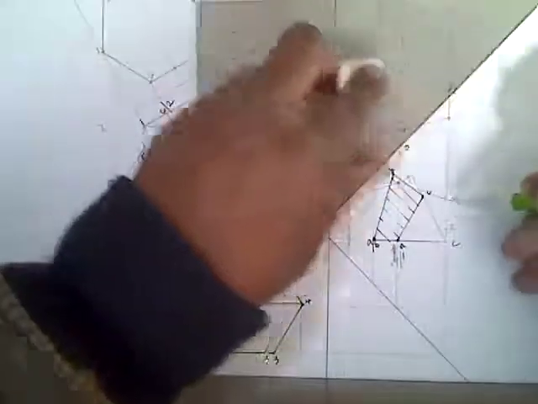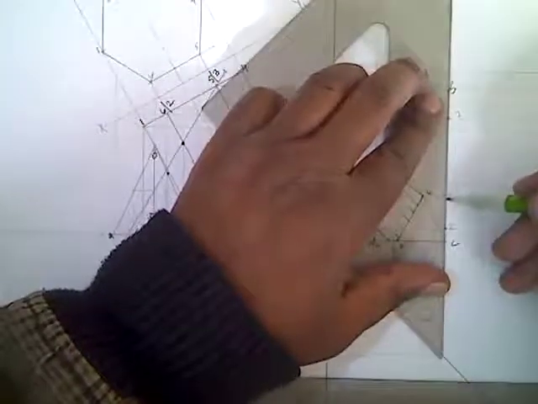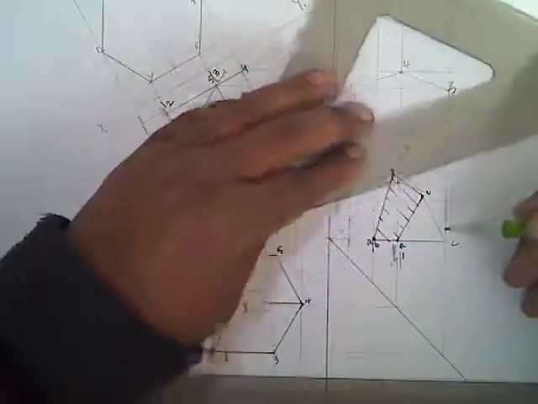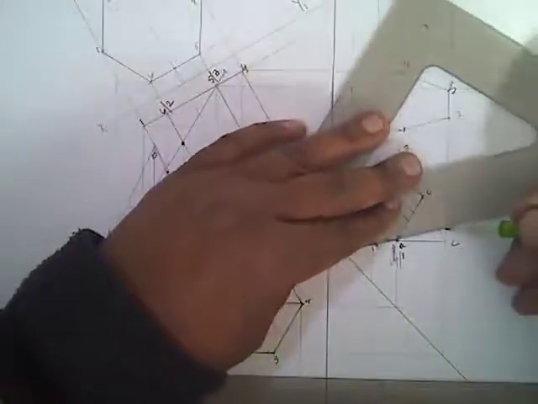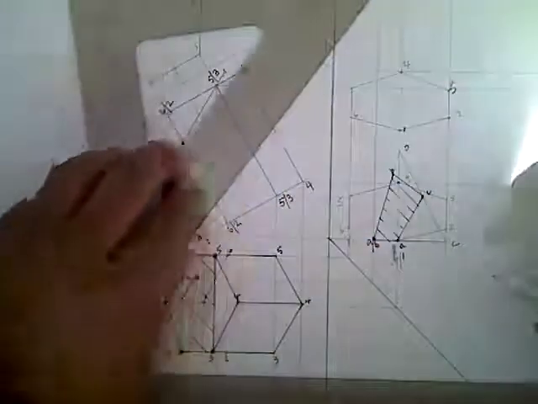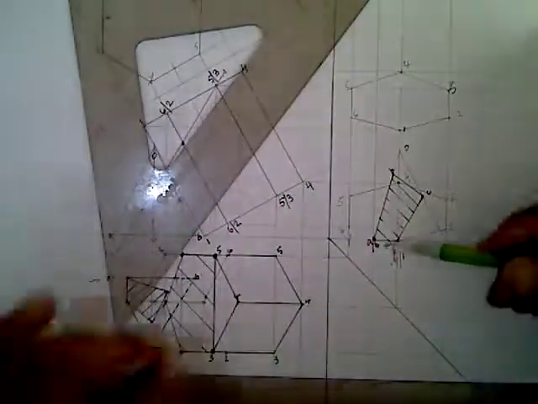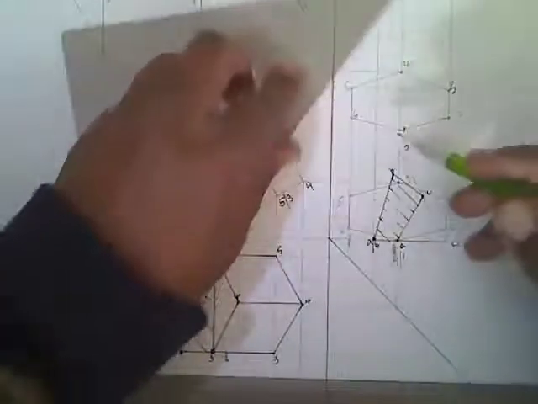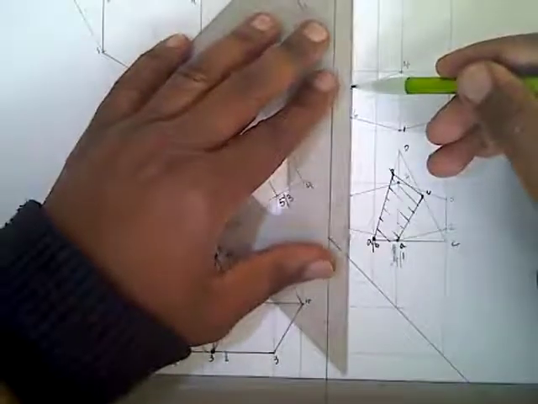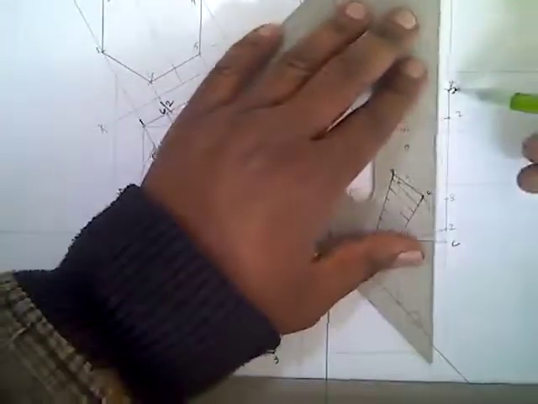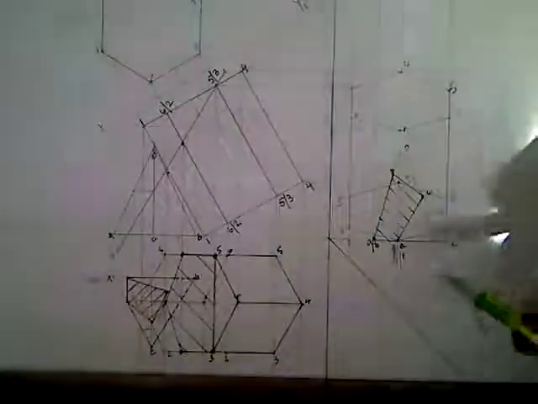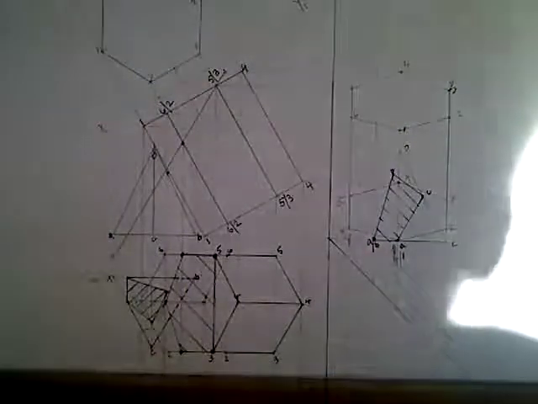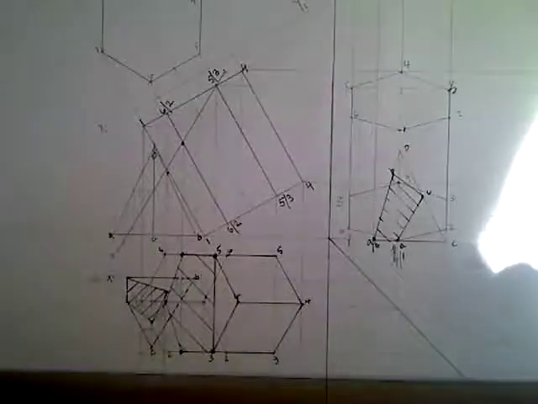This one example will help you. 3 to 2, 2 to 1, 1 to 6. Then you complete. It will be 5 to 5, 6 to 6, and so on. 3 to 3, 1 to 2. You will have something like that when it comes to the hexagonal prism.